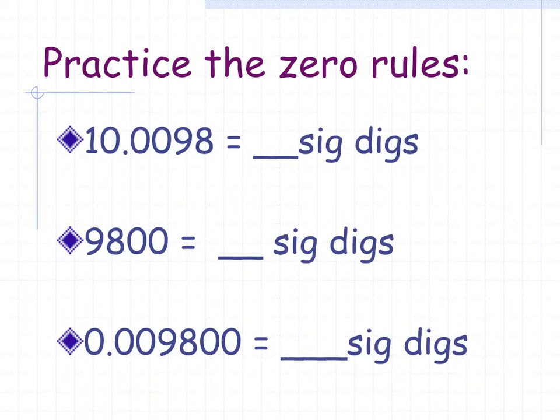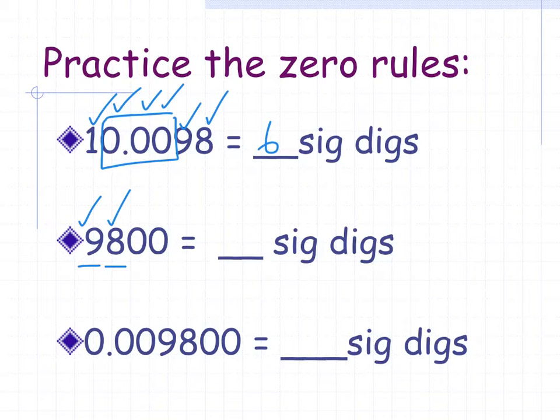If we wanted to practice real quick, 1, 2, 3. Sandwiches, that's a 6. 1, 2. Trailing, is there a decimal? No, they don't count. It's a 2.